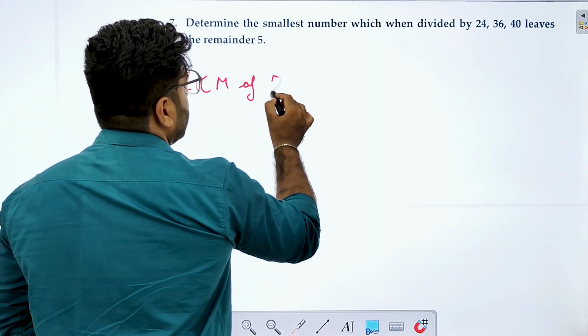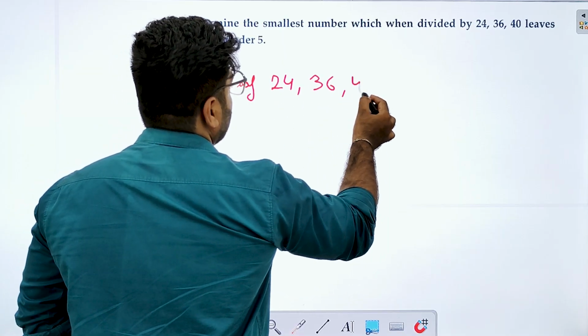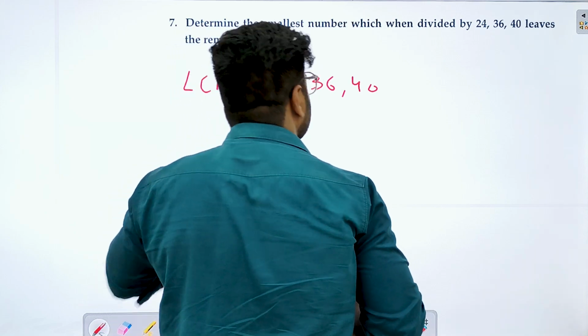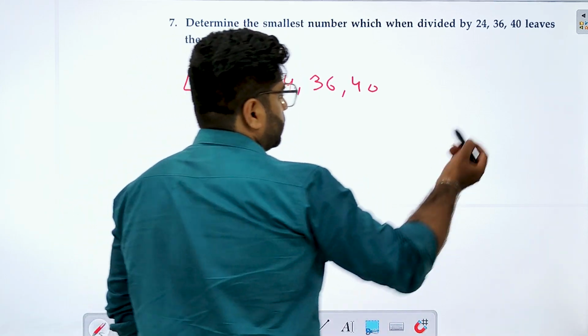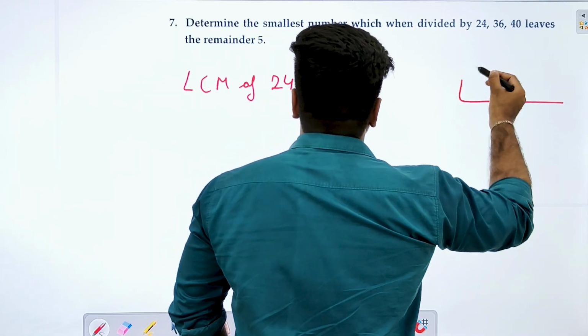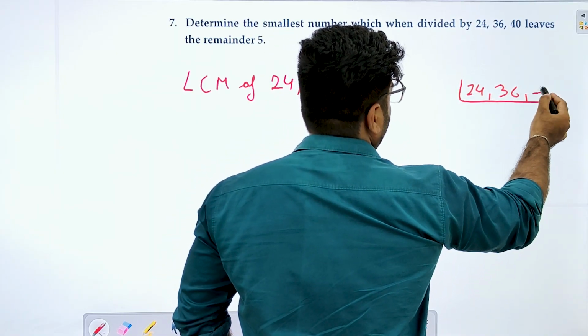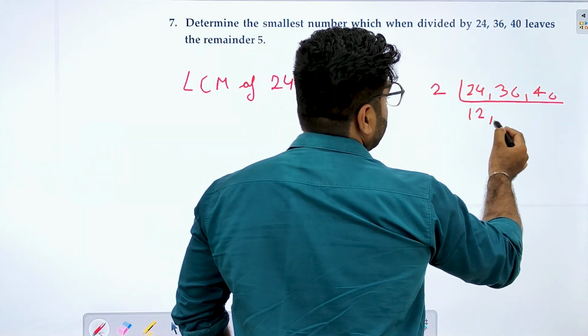of 24, 36 and 40. So we are going to find out the LCM. Just like 2, this is 12.